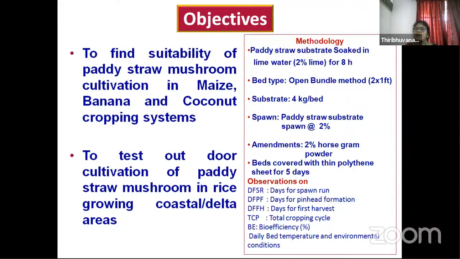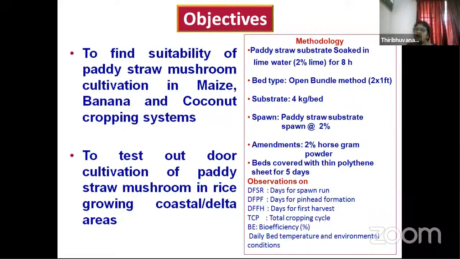The methodology we adopted: there are a lot of methodologies for paddy straw cultivation. What we slightly tuned is that, without steaming or autoclaving, the paddy straw can be soaked in a 2% lime water solution for 8 hours. Then the open bundle method is used, with bundles prepared using 4 kg paddy straw per bed.